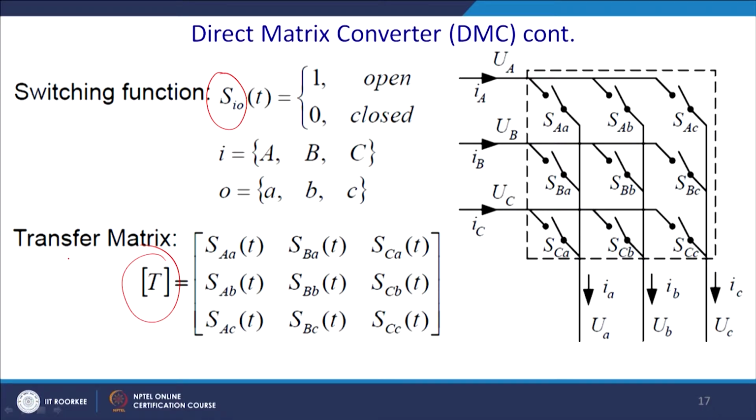If you wish to get UA at the output voltage, then you will short AA, and if you wish to get UB at the small a output, then you will short BA, and so on, and thus you can generate different kinds of voltage.